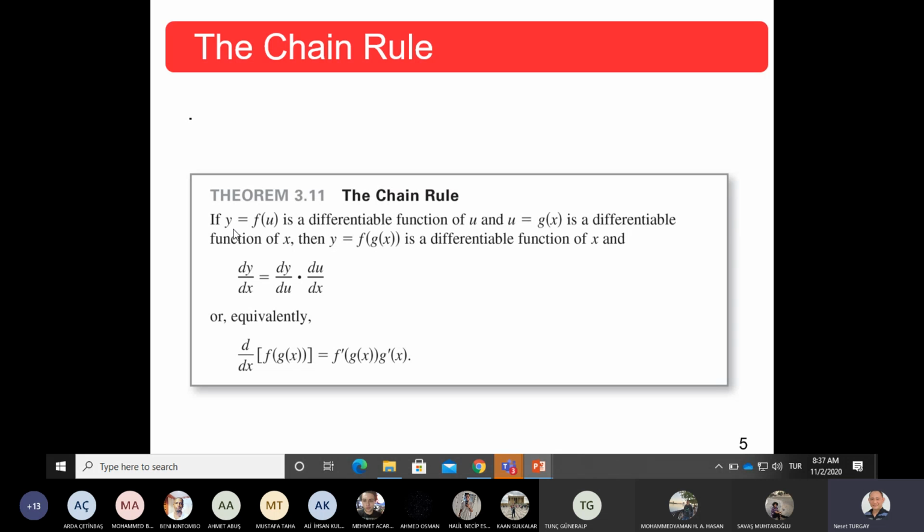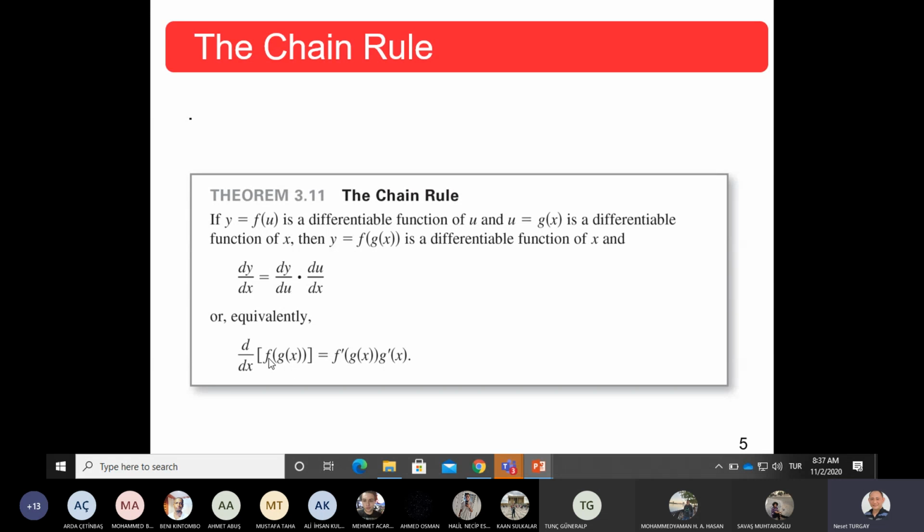Can you see that y is a function of u, and you are taking the derivative of y with respect to x? What does this formula say? It is equal to the derivative of y with respect to u times the derivative of u with respect to x, or equivalently, the derivative of this composition is f prime of g of x times g prime of x.